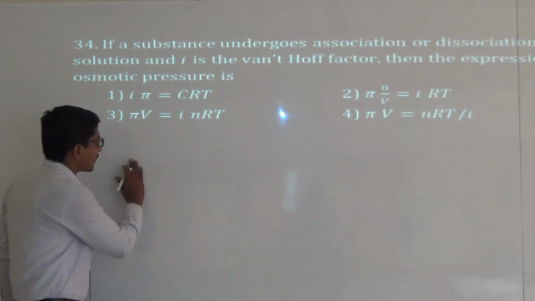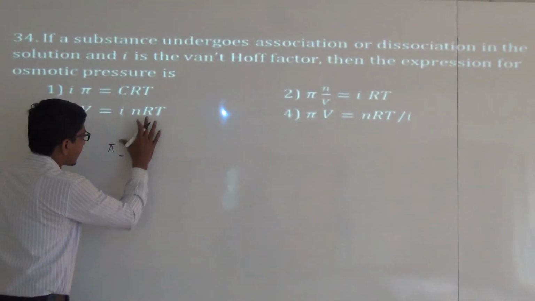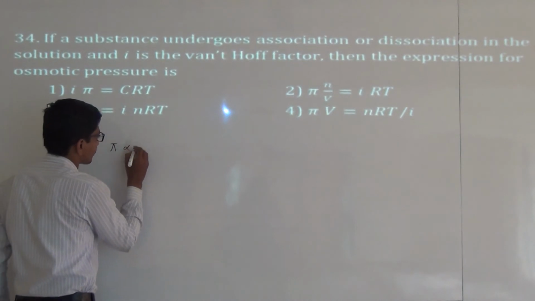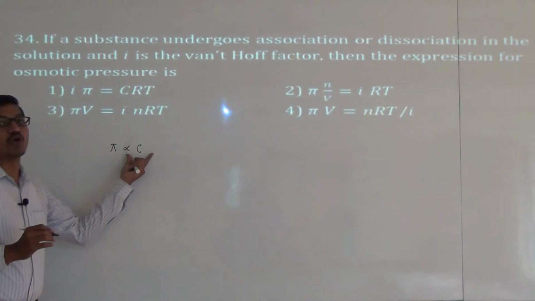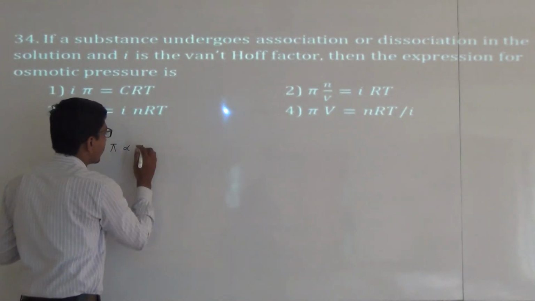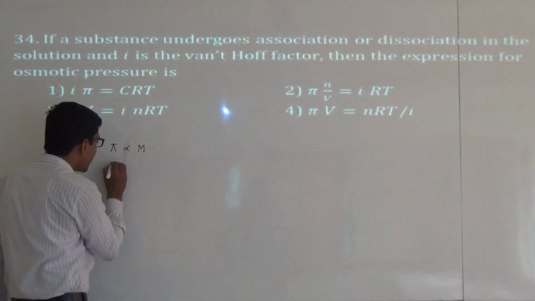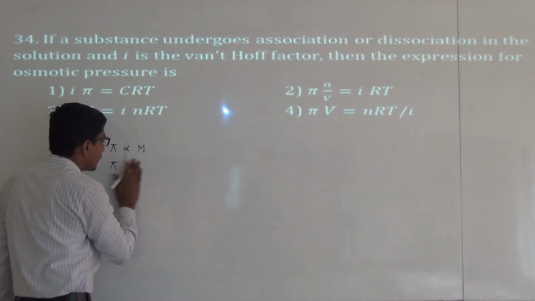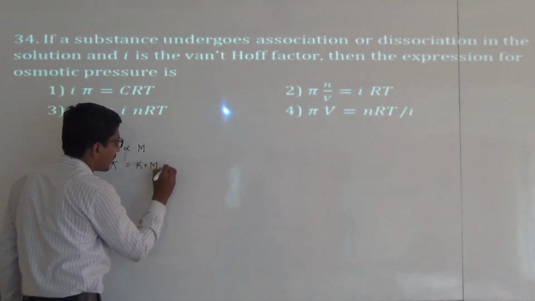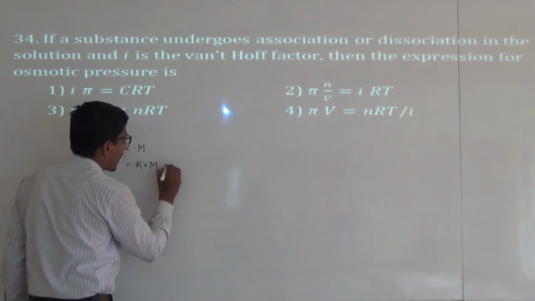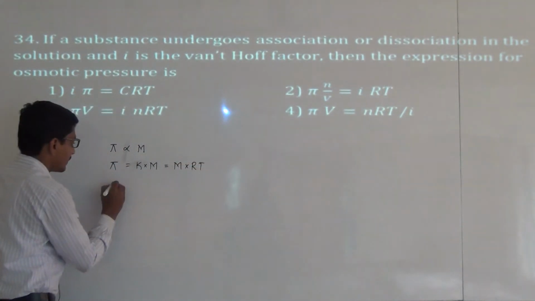In the osmotic pressure, the relation is pi is directly proportional to concentration of solution in terms of molarity, C or M. It is also represented by M molality. And the proportionality constant is K into M, and this K is replaced by RT, M into RT.